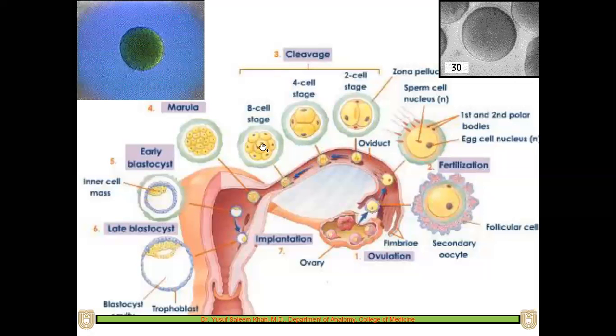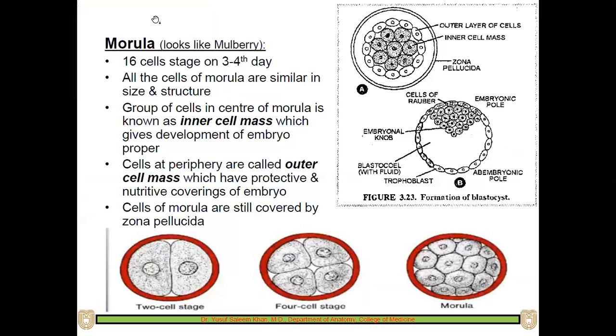The morula, as I said, is the 16 cell stage of the zygote, as we saw here, 8 and then it becomes 16. This 16 cell stage of the zygote is called the morula. It is called a morula because it looks like a mulberry. And it takes almost 3 to 4 days for this stage to be reached.